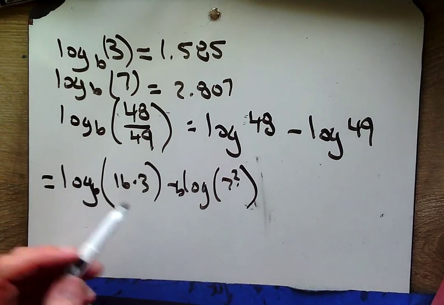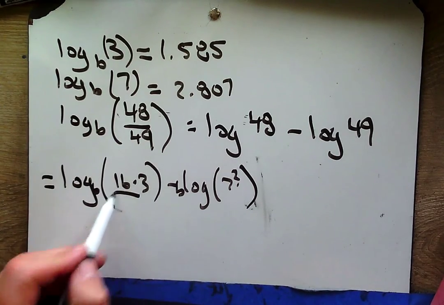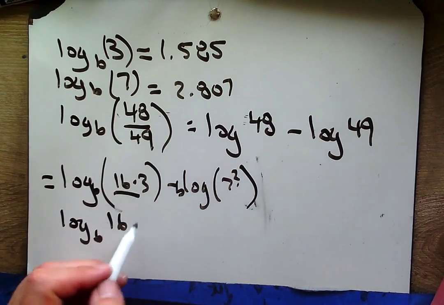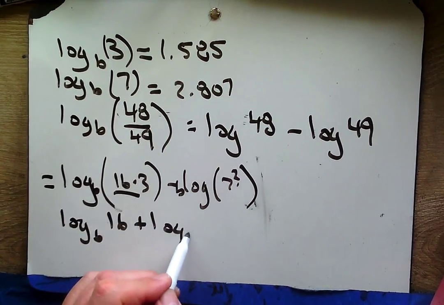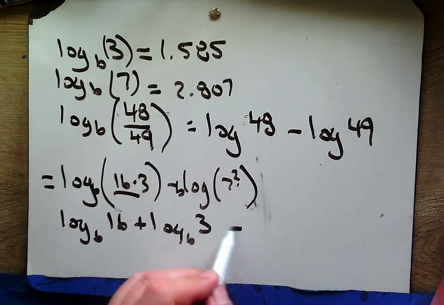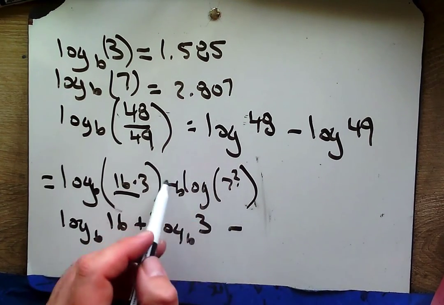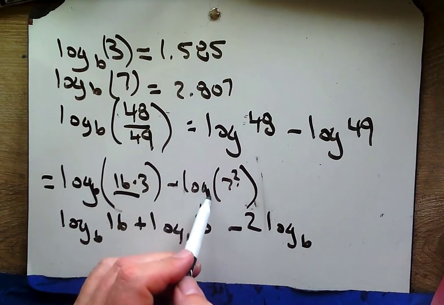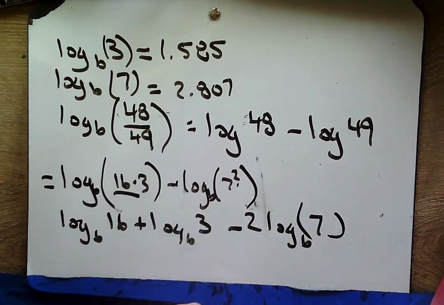Yeah, let's see how it goes. Here I can break this up into log base b of 16 plus log base b of 3 minus, power rule, 2 log base b of 7.